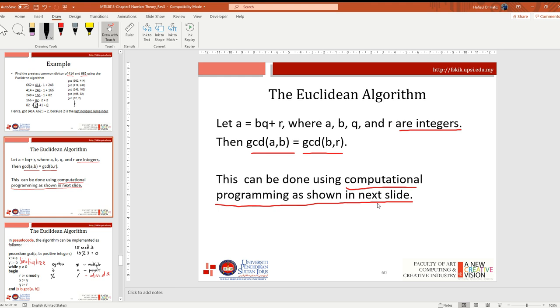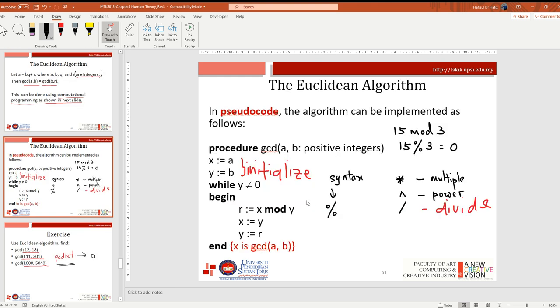And then let A = BQ + R, where A, B, Q, R must be integers, and GCD(A, B) is equivalent to GCD(B, R), can be done using computational programming as shown in the next slide.